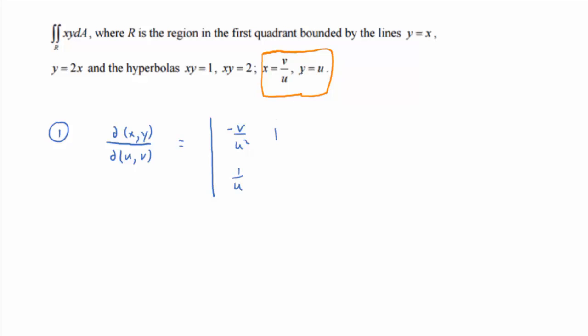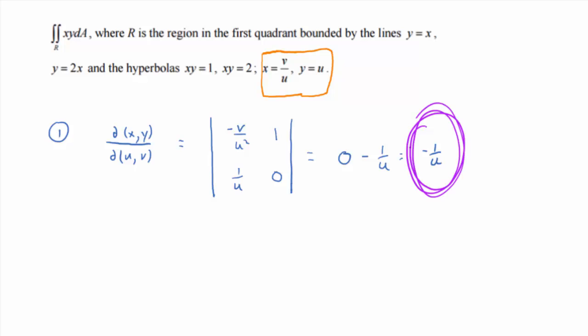Take the derivative of y with respect to v. 0. So the ugly negative v over u squared goes away when you multiply it times 0. So we dodged a bullet there. And then minus 1 over u, so negative 1 over u. Just remember when we plug it in the integral, take the absolute value. Everybody good with that step?